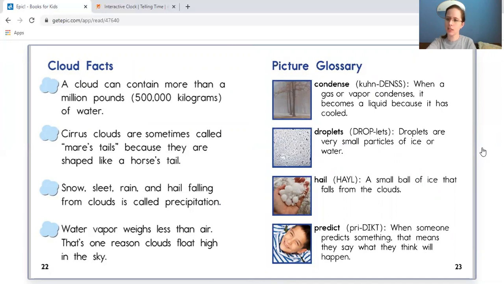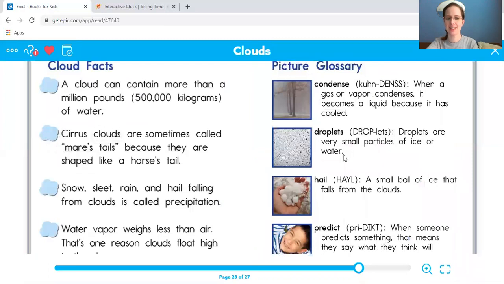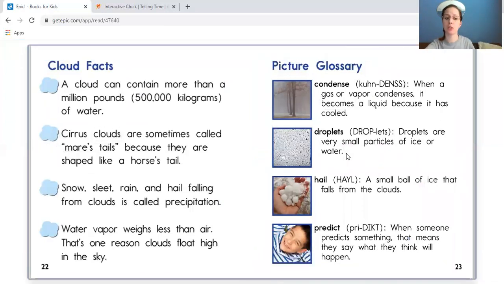So last page here, we just have some cool cloud facts that I wanted to leave you with. A cloud can contain more than 1 million pounds of water. I bet you didn't know something that weighed 1 million pounds could stay up in the sky, did you? But it sure can. Cirrus clouds are sometimes called mare's tails because they are shaped like a horse's tail.